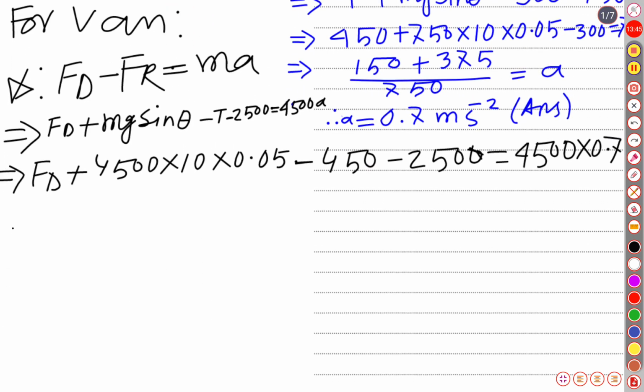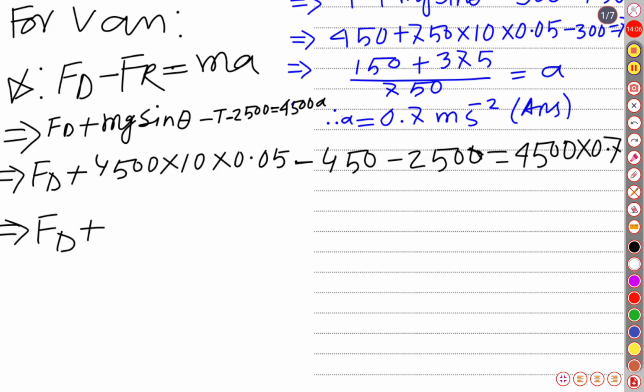Well, now if we simplify this step, on the left side the driving force is missing, so let it remain unchanged. Plus, if we multiply 0.05 by 10, it is 0.5.